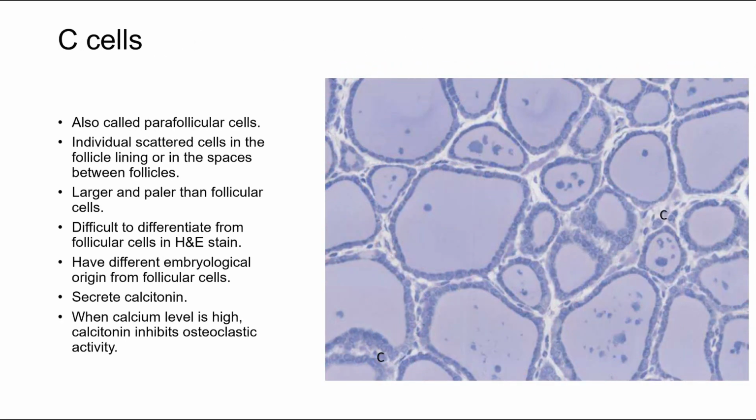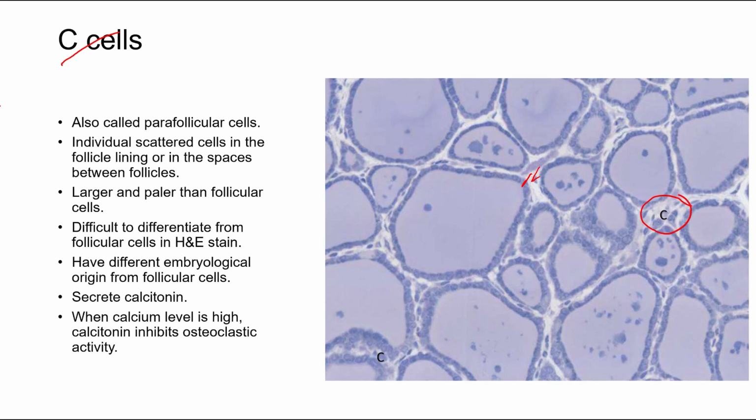Please note that the thyroid gland not only contains follicular cells that secrete the thyroid hormones, but also contains other cells which are called parafollicular cells, or we call them C cells. C cells because they secrete the hormone calcitonin, and parafollicular cells because they are either present in between the follicular cells or they are present in the tissue around the follicular cells.